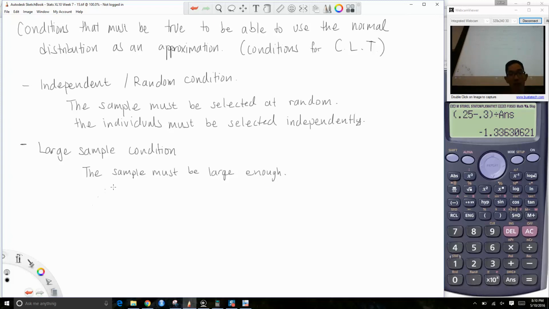Okay, so there are two ways to check. One way to check is that the values n times p must be bigger than or equal to 10, and n times 1 minus p must be bigger than or equal to 10.